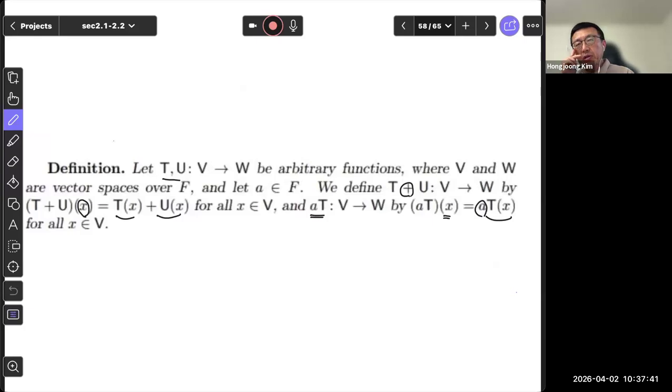Given linear transformations T and U from V to W, we can define their sum or scalar multiple as follows.